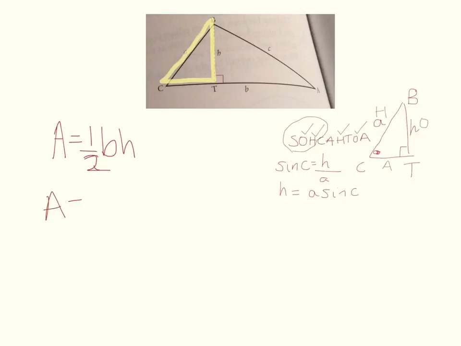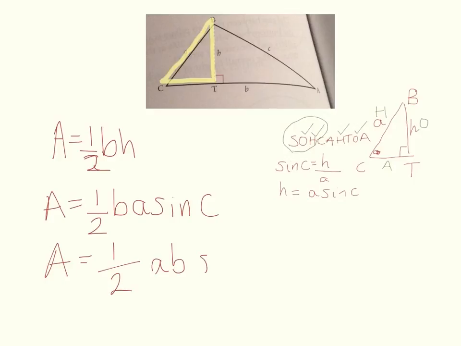The area equals a half B, and then instead of H, I'm going to substitute in A sine C, and just to make this look a wee bit nicer, we can write the area as a half AB sine C. This is the formula that we will be using to find the area of a triangle, provided that we know an angle and the length of two sides that form it.